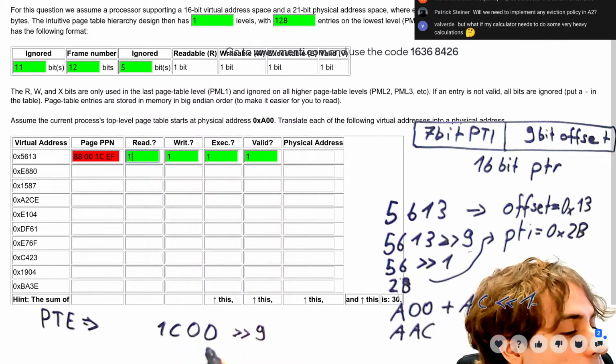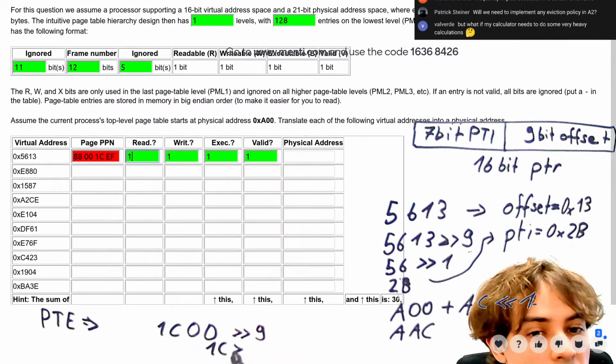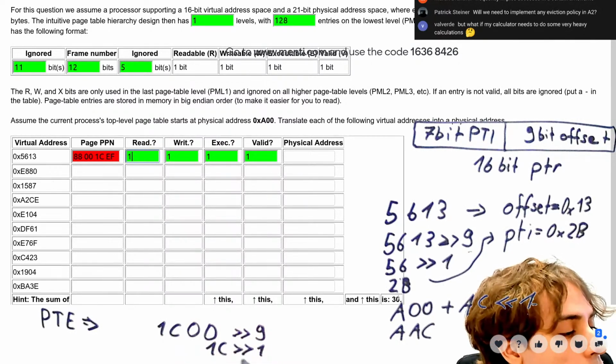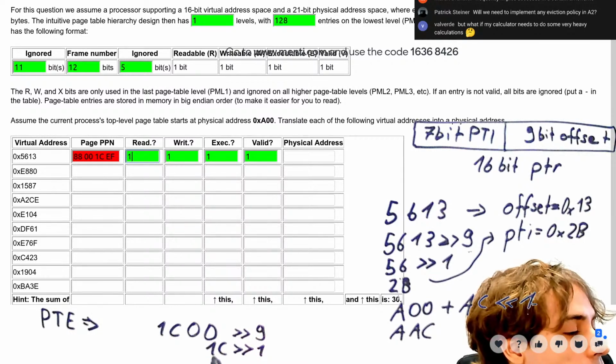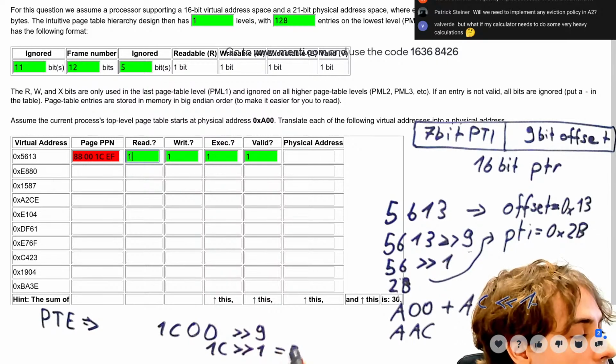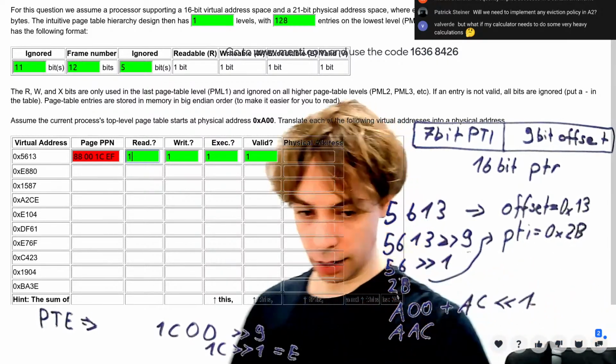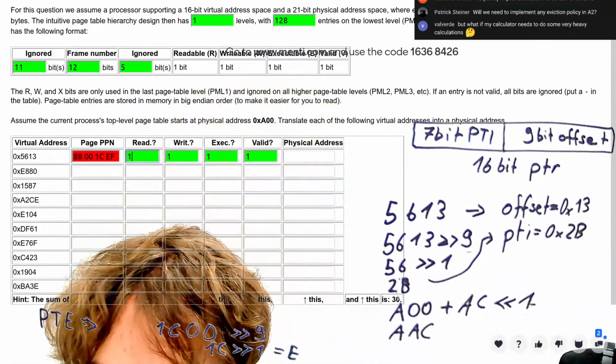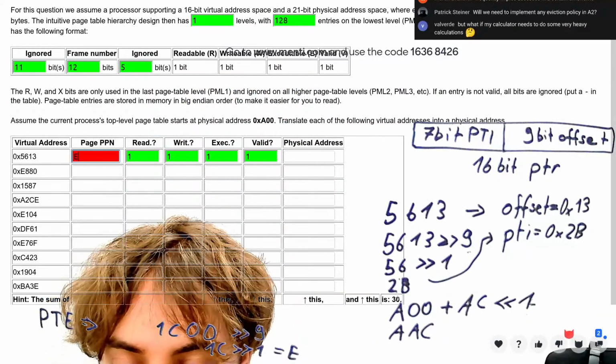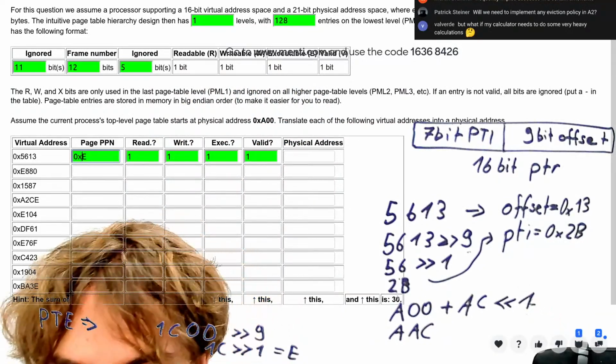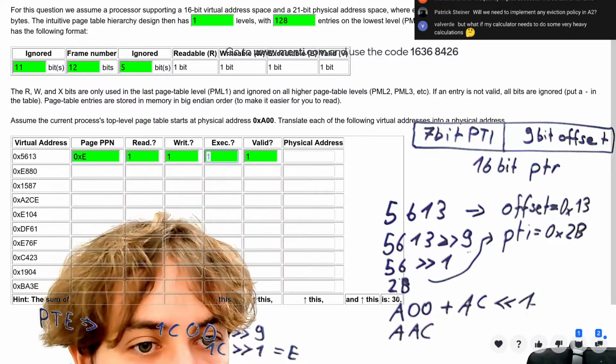That means we have 1C shifted to the right by 1. And that becomes actually an E. Okay, let's see whether this is correct. The PPN should be then 0xE. Nice. This worked.